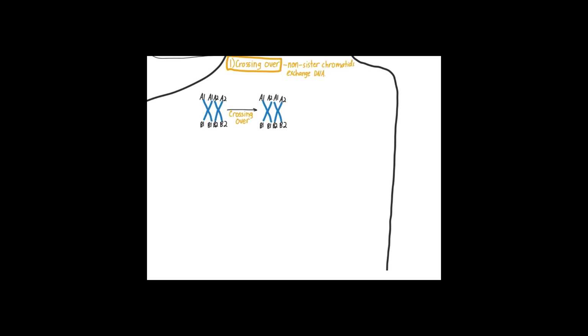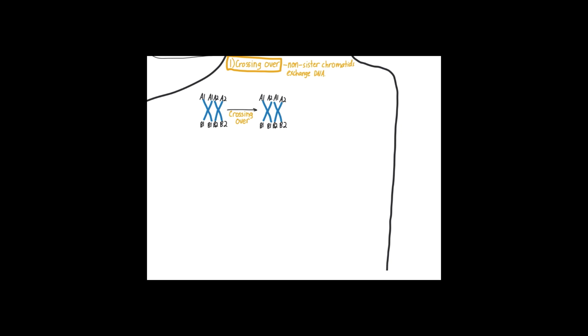If crossing over occurs between two genes, as it did here, between the A gene and the B gene, the two chromatids that crossed over can have a new combination of alleles on them.